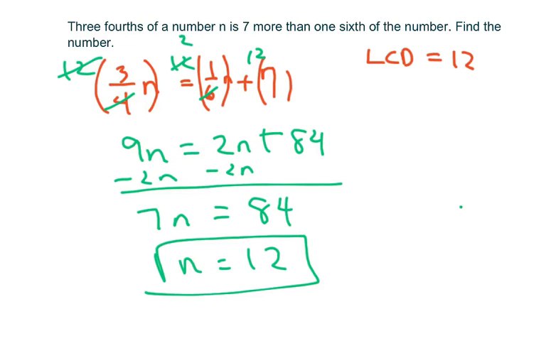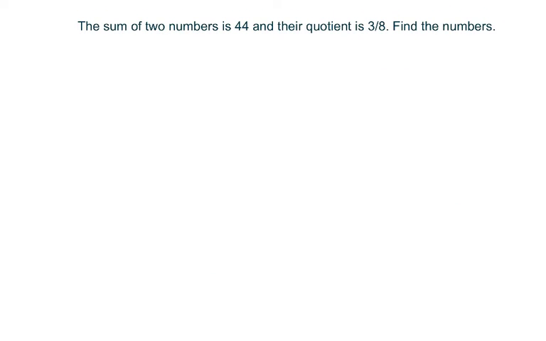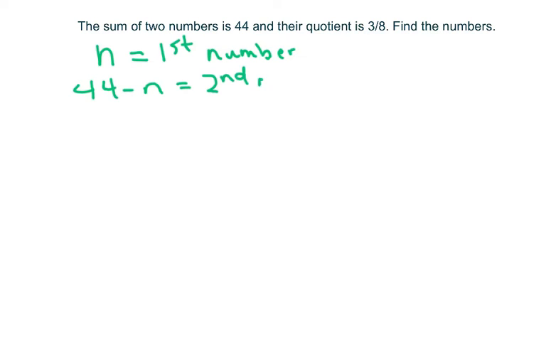All right. The next one, we have the sum of, this is like the second problem we did. We're going to let n be the first number, and 44 minus n equal the second number. All right, so we're going to get n over 44 minus n equals 3/8.